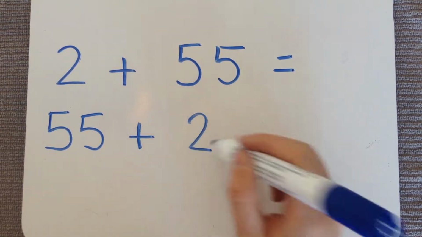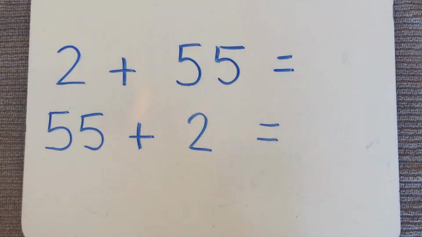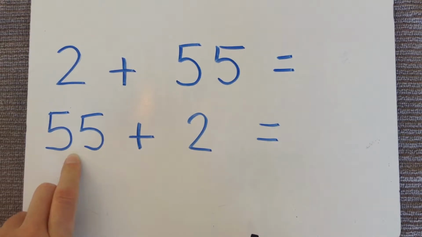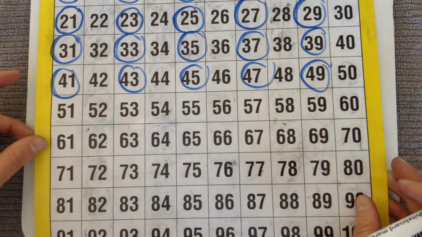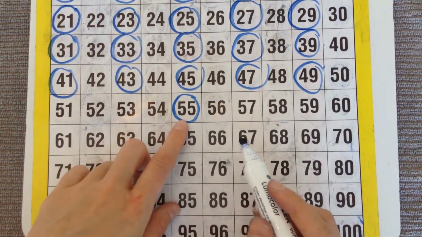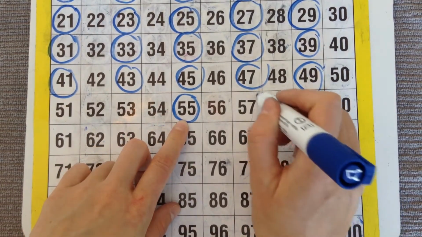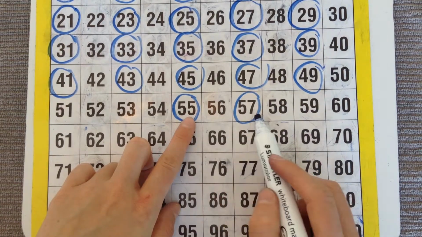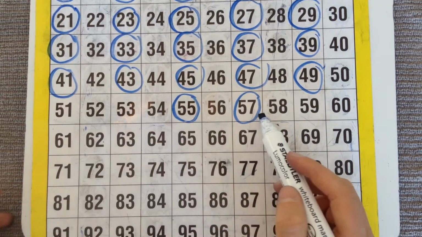I like it when the bigger number comes first. 55. Well, if I were skip counting by twos, saying all of my odd numbers, I know the pattern ends in a 1, ends in a 3, ends in 5, ends in 7, ends in 9. Where is 55? There it is. What would come next in that pattern? That's right, I skip over the 6 and I get to 57.